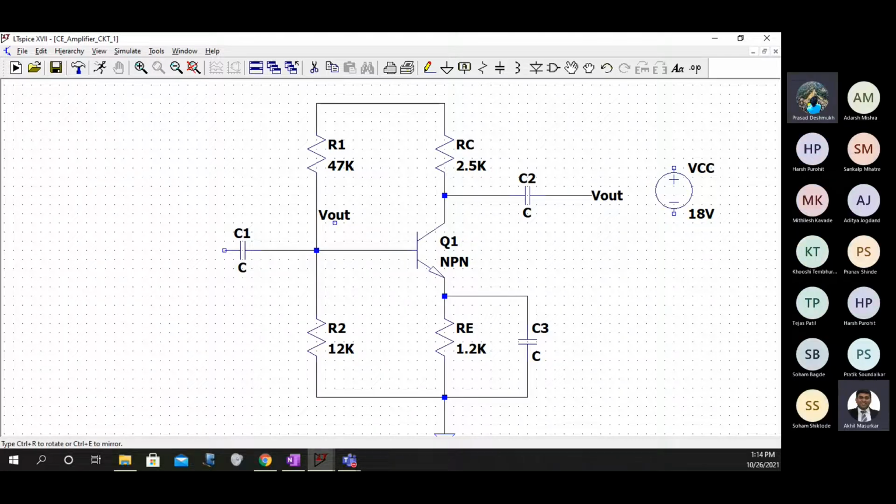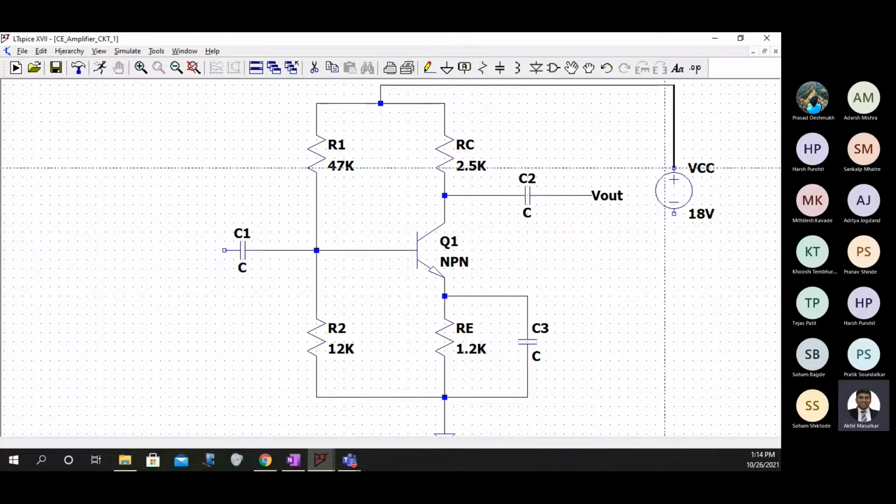Which diode? There is no diode. There is only a transistor. Okay, sir. Are you asking me how to open the component list? No, sir, I got that.